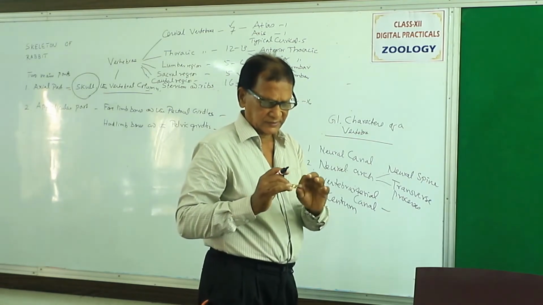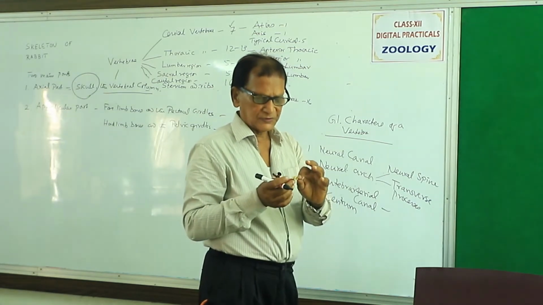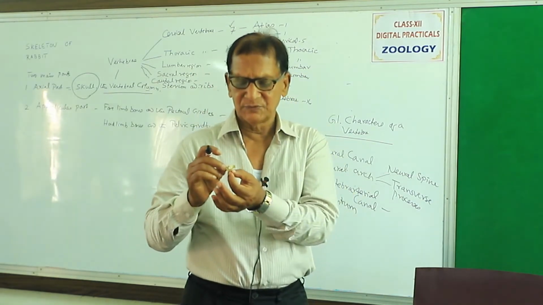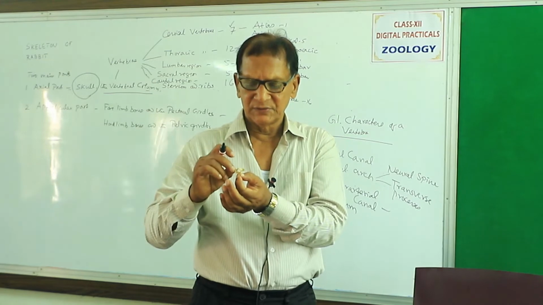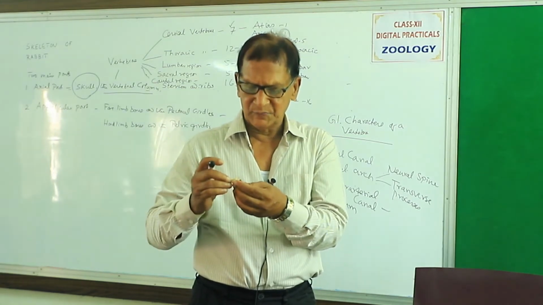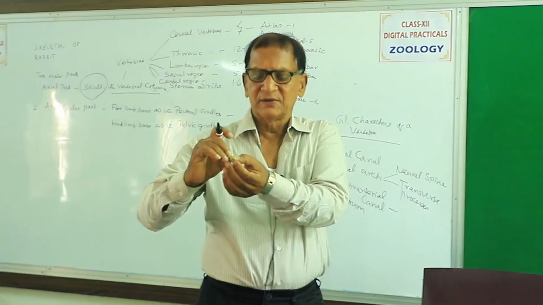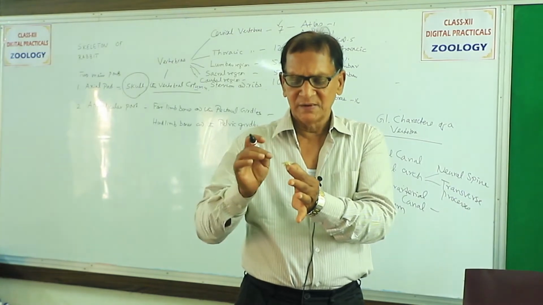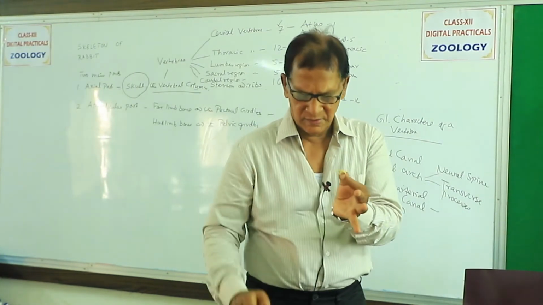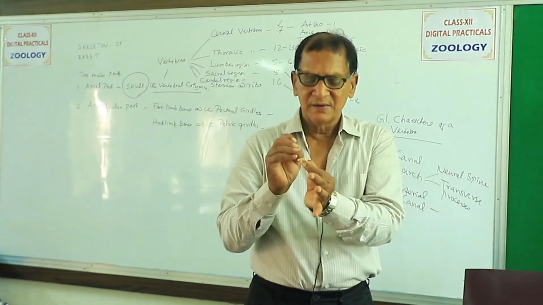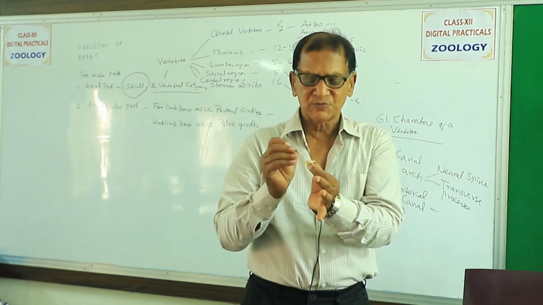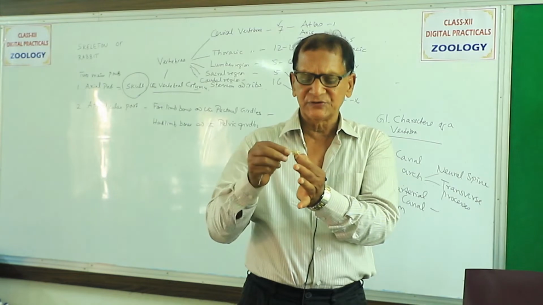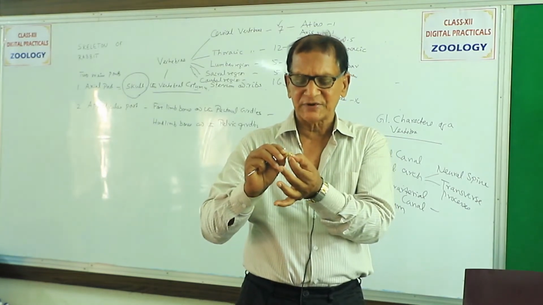So this is that reduced centrum, the remnant of the centrum that is left behind. This is the remnant of the centrum which I am holding. This is the neural spine. So neural canal, neural arch, neural spine, transverse processes, then the vertebrarterial canal, one on each side. Then this is the remnant of the centrum.